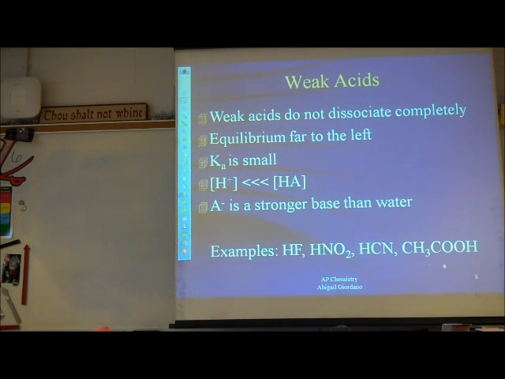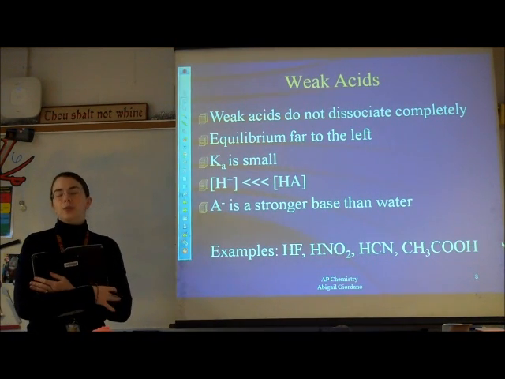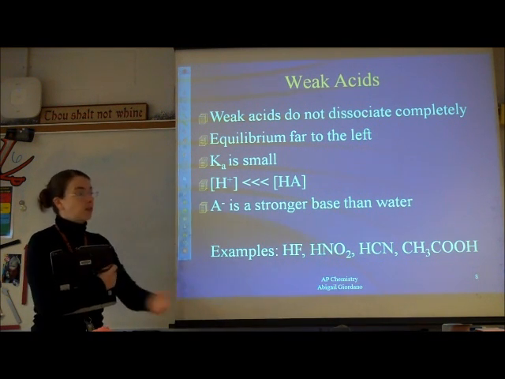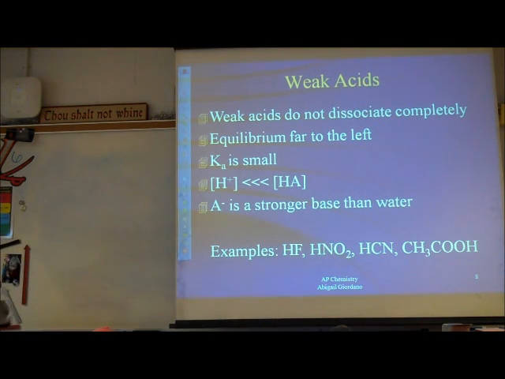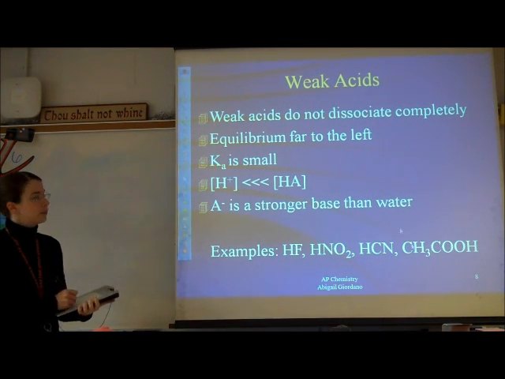And these are not all of the weak acids. These are just some examples. How do you know if an acid is a weak acid? It's not strong. It's not one of our 6 strong. One I want to point out to you here, this last one, it looks a little strange because hydrogen is not at the beginning of the formula.